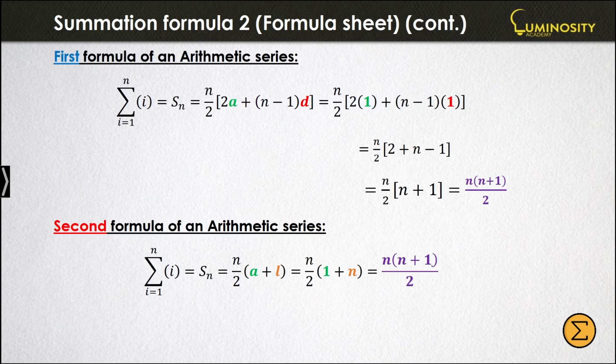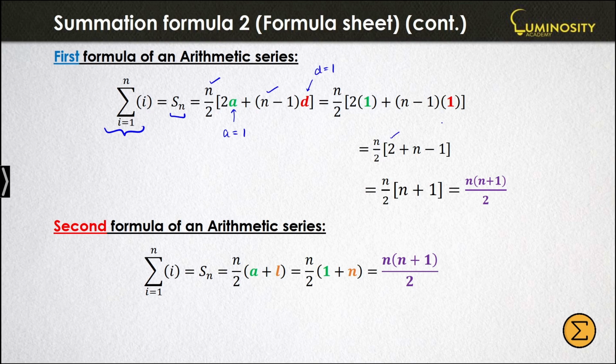The first formula of an arithmetic series says that the sum of the first n terms, given by this summation notation, is n over 2 times (2a plus (n minus 1) times d). That was the first formula for an arithmetic series that we learned. We know what n is: we're adding up n terms. Our starting term a is 1, and our constant difference d equals 1 as well. If you substitute 1 and 1 in there, 2 times 1 is 2.